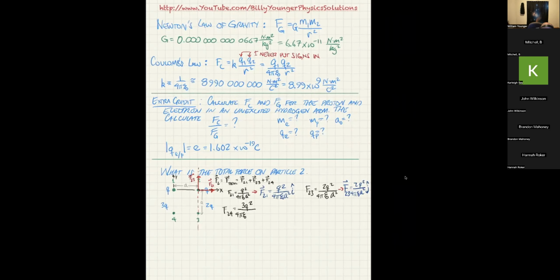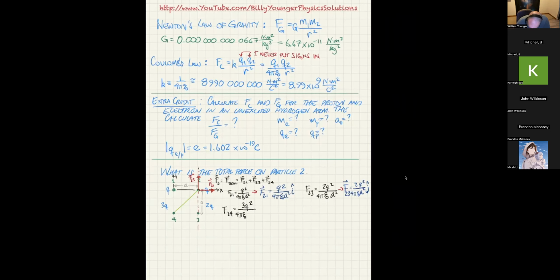And then does anybody know off the top of their head exactly what the distance is between particle 2 and particle 4? Square root 2a. Exactly. Because each side is a, the hypotenuse would be the square root of a squared plus a squared, which is 2 times a squared, and that gives you the square root of 2 times a.